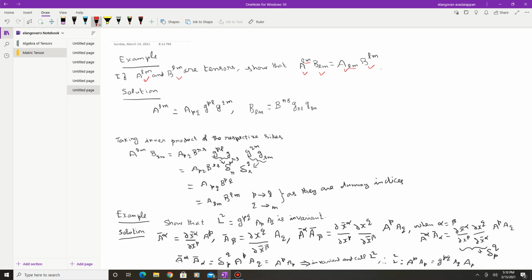This is a covariant tensor, B_lm is a covariant tensor on the left hand side. Here B^lm is the contravariant metric tensor of rank 2. So this can be shown.